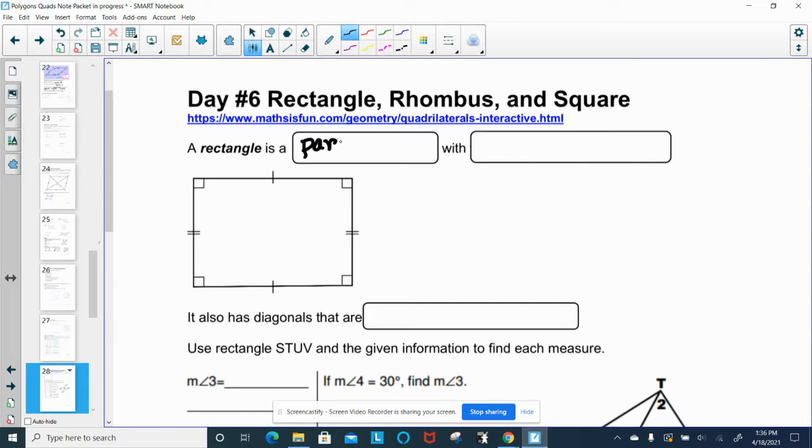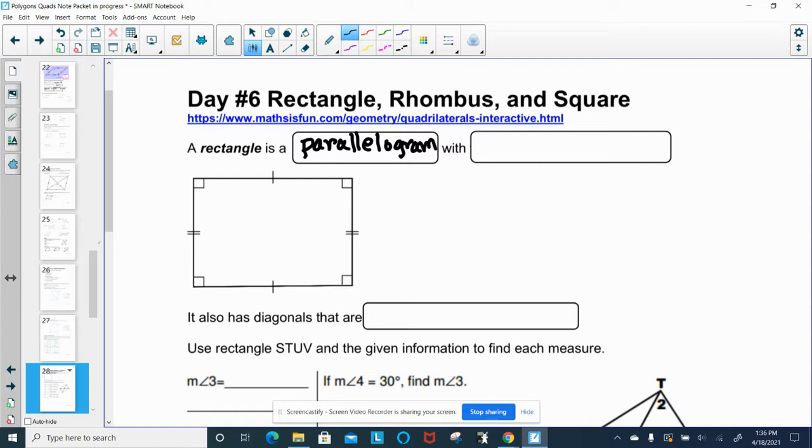It has special properties. I'm going to try to write parallelogram inside that box. Wow, I made it. Okay. So all the things we knew about parallelograms, the opposite sides being equal, the opposite angles being equal, the consecutive angles being 180, the diagonals being split into halves, and the alternate interior angles, all that stuff is still there.